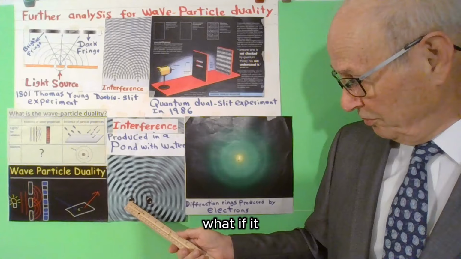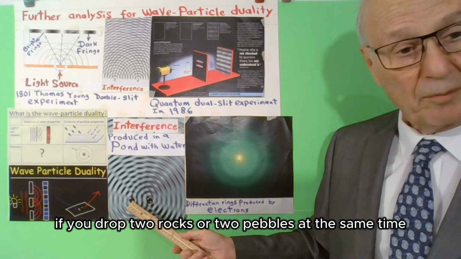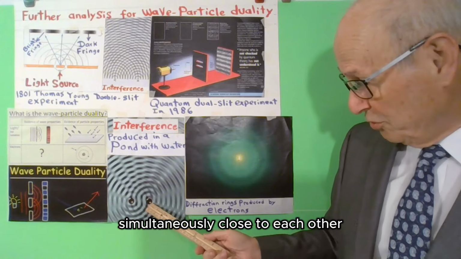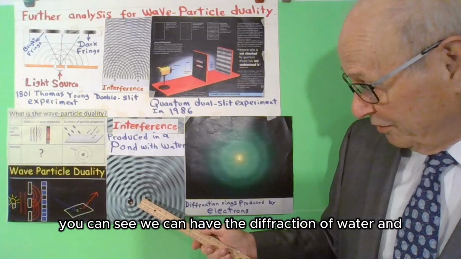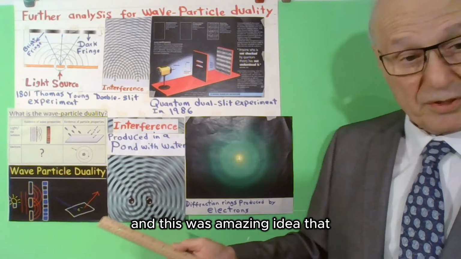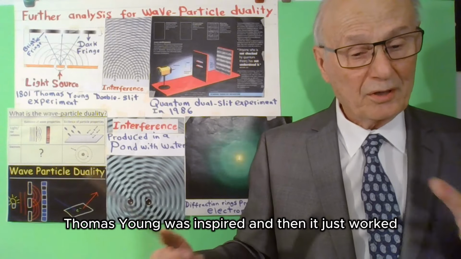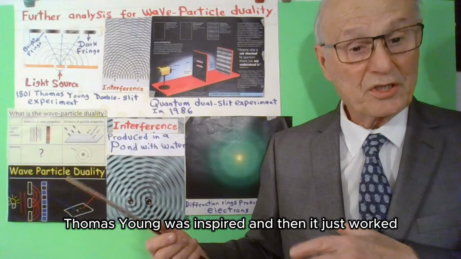Well, what if you drop two rocks or two pebbles at the same time, close to each other? You can see we can have the diffraction of water, and we can also see the interference. And this was an amazing idea that Thomas Young was inspired by, and then it just worked.